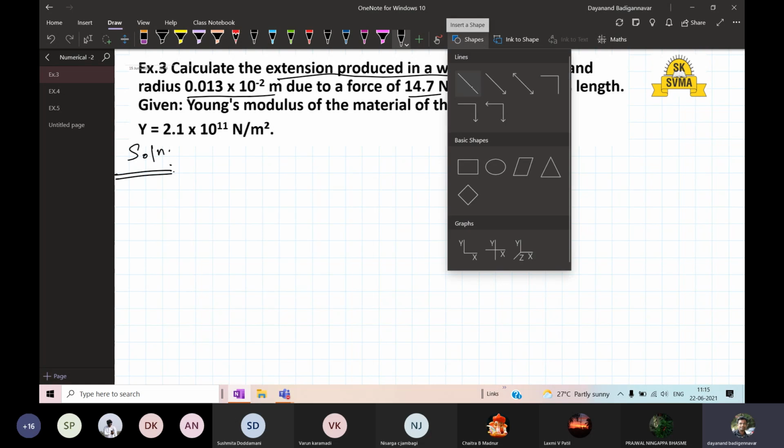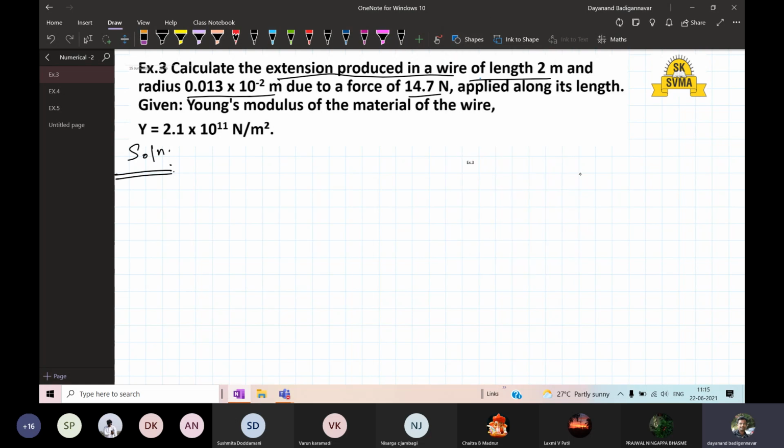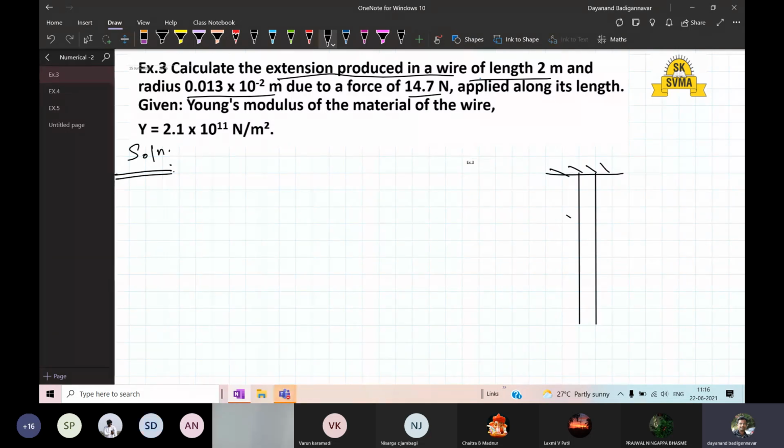So I have a wire here. This is one wire which has a diameter; it is circular in nature, therefore I will draw a circular cross-section like this.